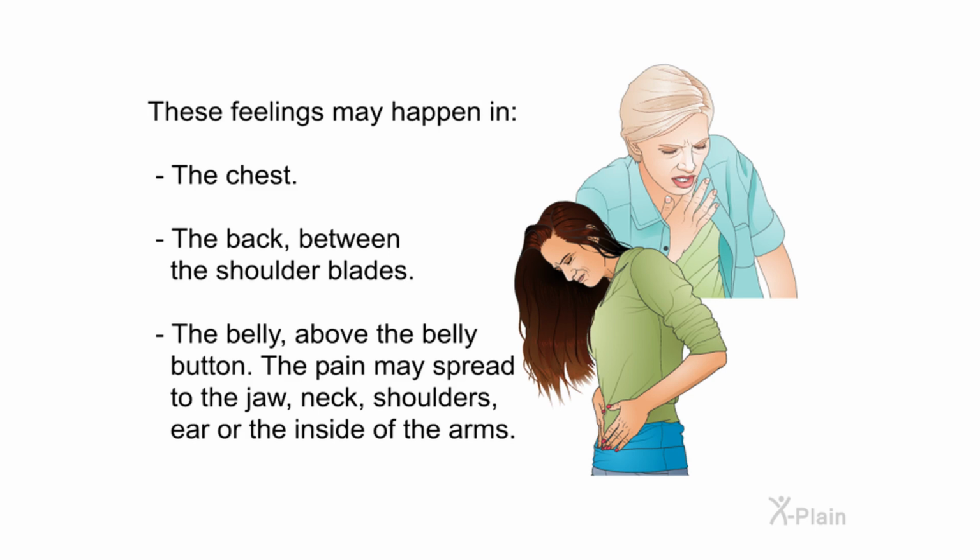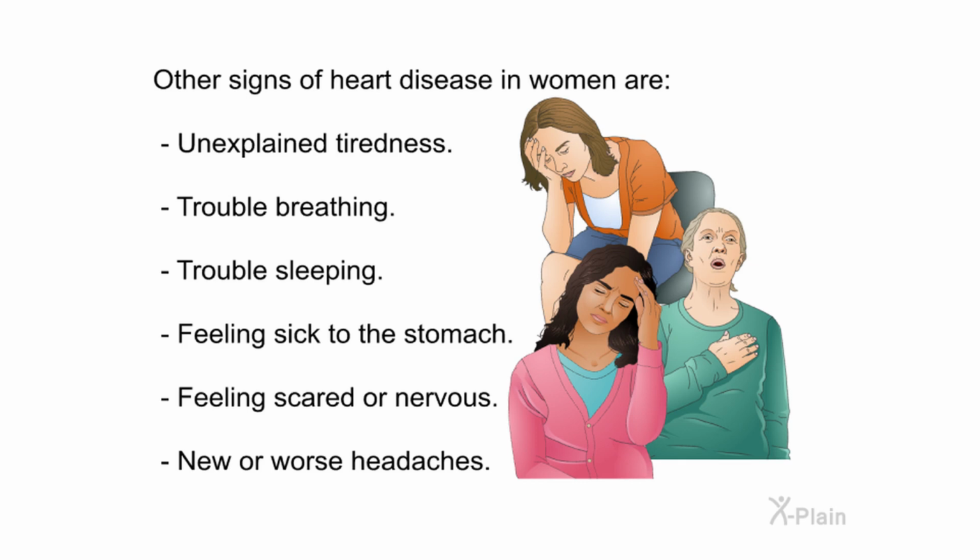The pain may spread to the jaw, neck, shoulders, ear, or the inside of the arms. Other signs of heart disease in women are unexplained tiredness, trouble breathing, trouble sleeping, feeling sick to the stomach, feeling scared or nervous, new or worse headaches.